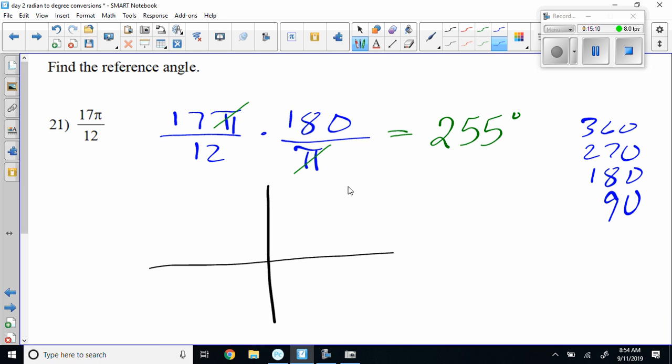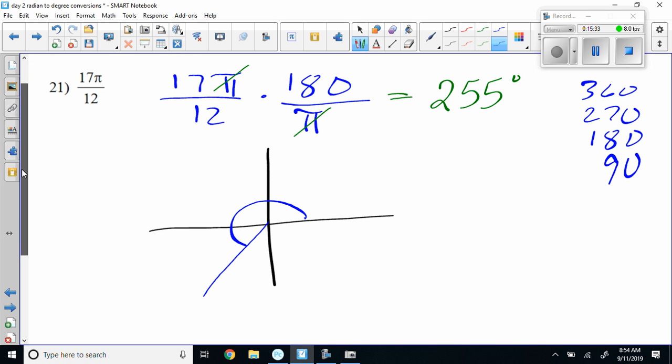So it's less than 360, so I can't do that, right? 270, it's a little less than 270, right? But it's more than 180. So I know that I'm going to be somewhere in here, right? Y'all agree? So, if I had to draw that, that's where it would be.